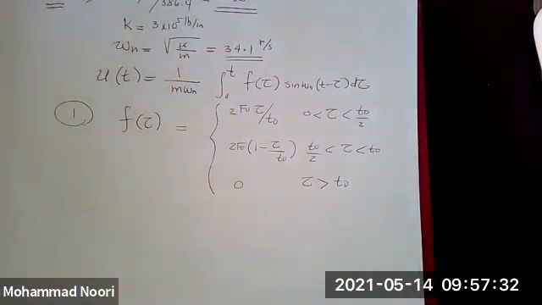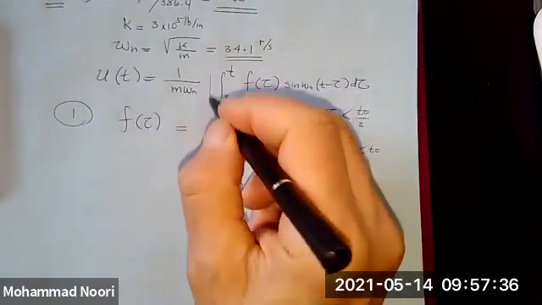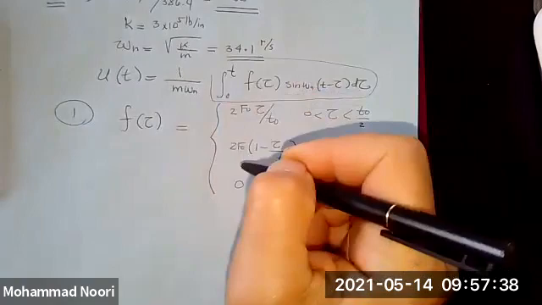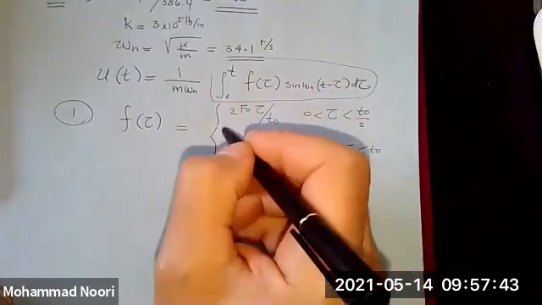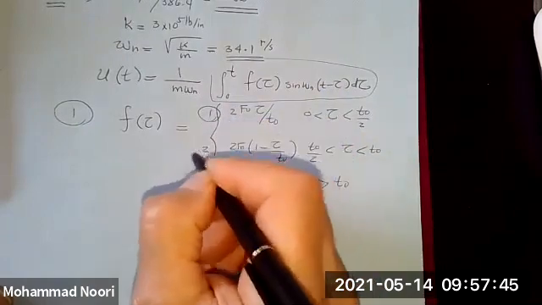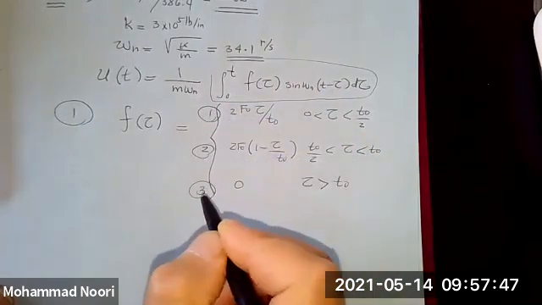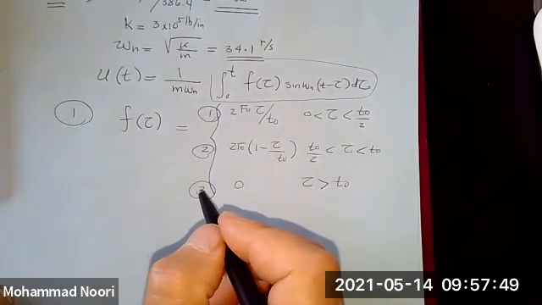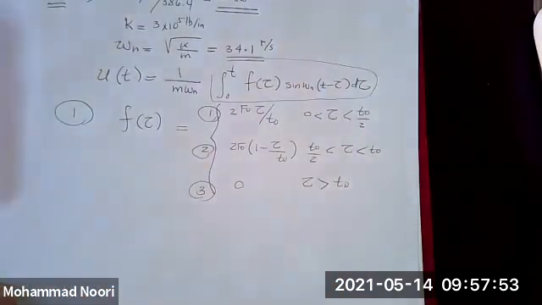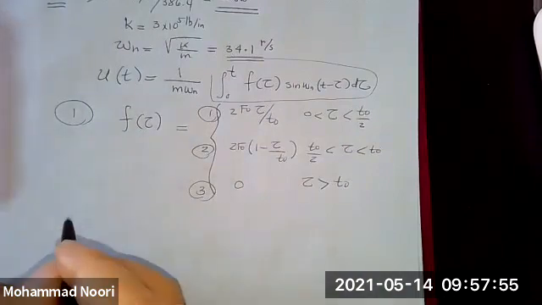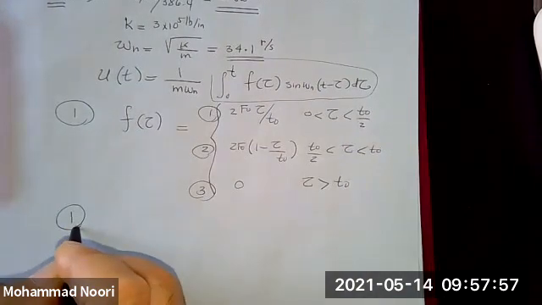Now we need to evaluate this integral for all these three cases. Let me call them 1, 2, and 3. I don't think we will have time to finish that, but at least let's set up just for case 1.